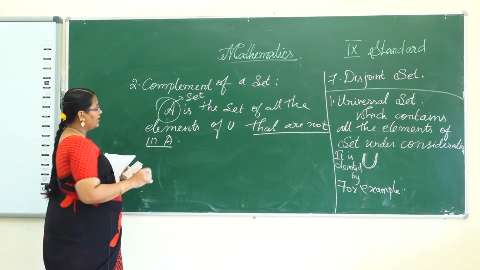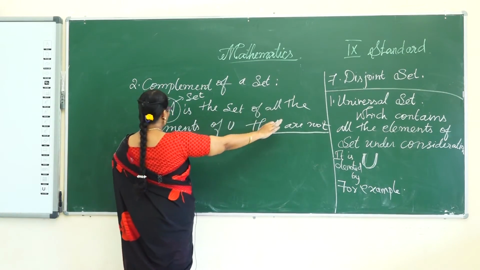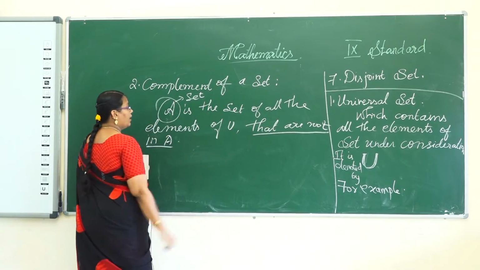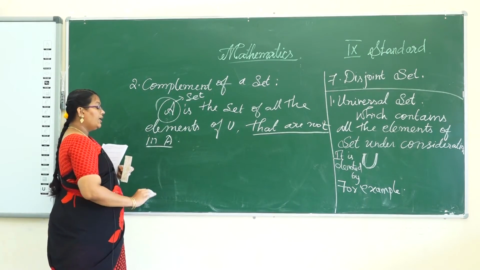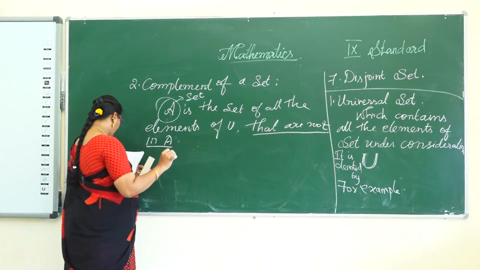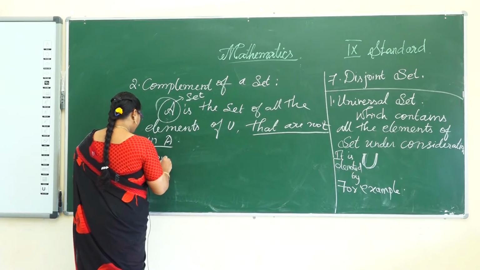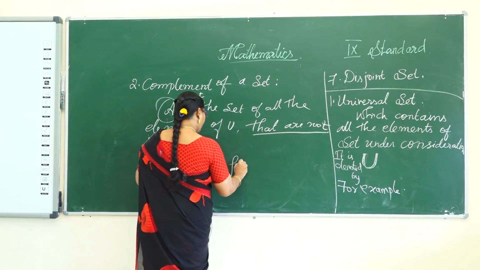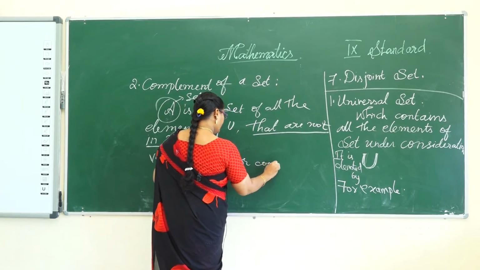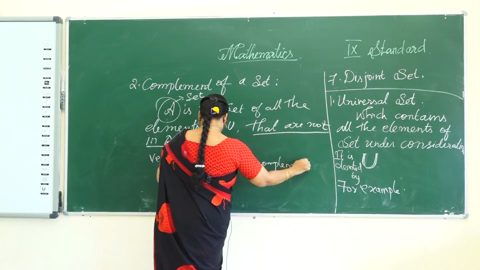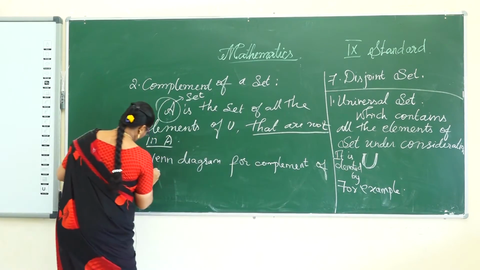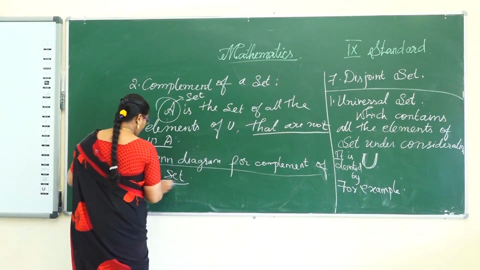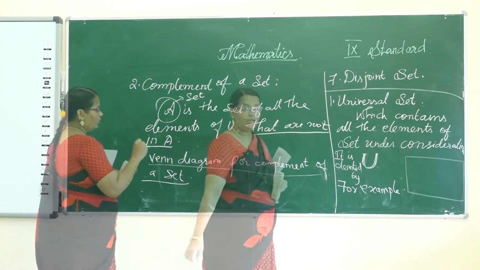The complement of a set A is the set of all the elements of U that are not in A. Those elements should not be in A. So see the Venn diagram 4. The universal set is drawn as a rectangular box.